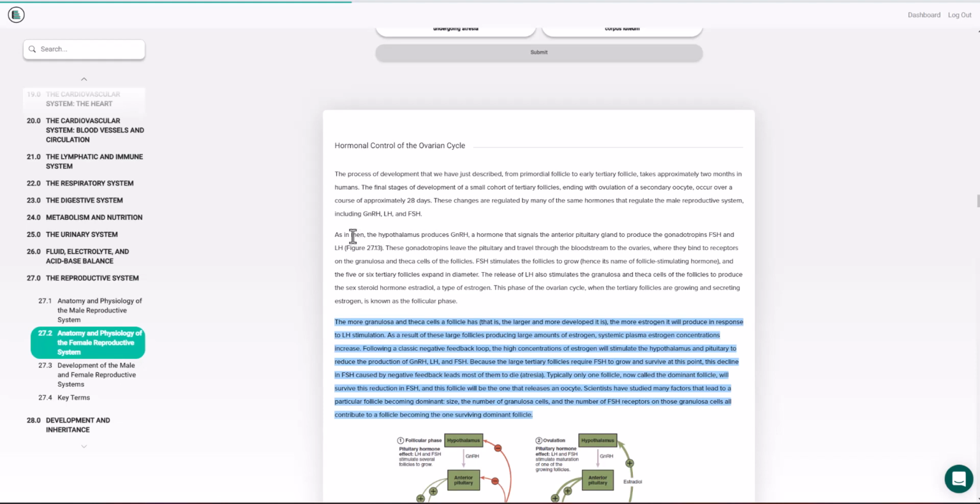So in men and in women both, puberty and all of these hormones are initiated when the hypothalamus first releases a hormone called GnRH, gonadotropin releasing hormone. And I'll go ahead and type that out just because it's here.